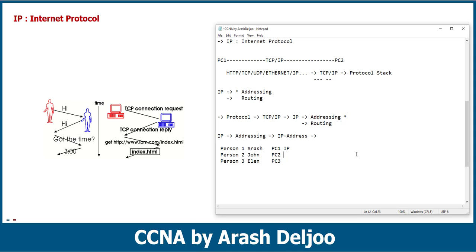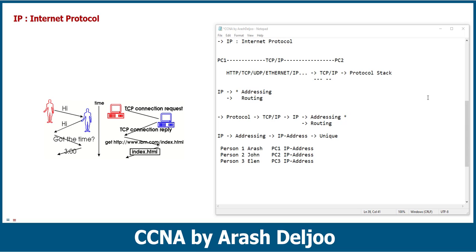We need to give one IP address to PC1, an IP address to PC2, and another IP address to PC3. The first criterion about this IP address, as in the real world, is uniqueness. These IP addresses should be unique. If you use the same IP address between three PCs or two PCs, they cannot communicate with each other.